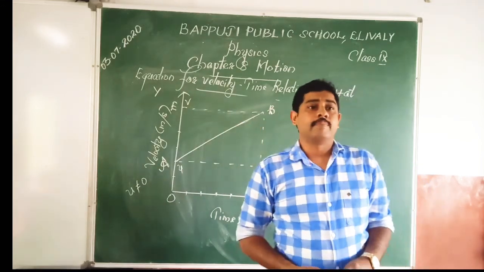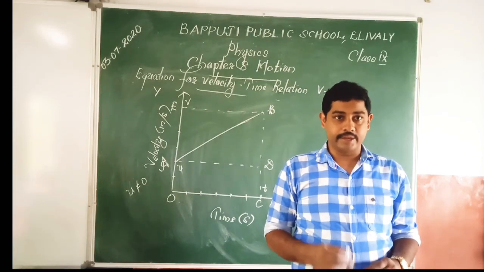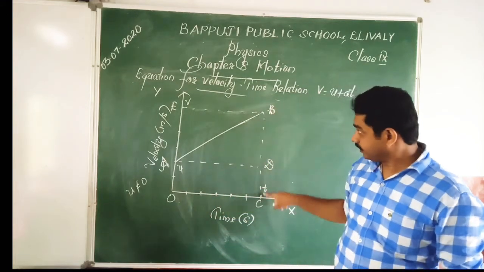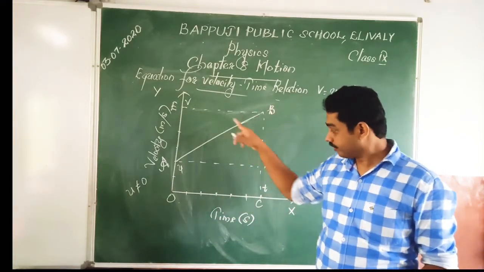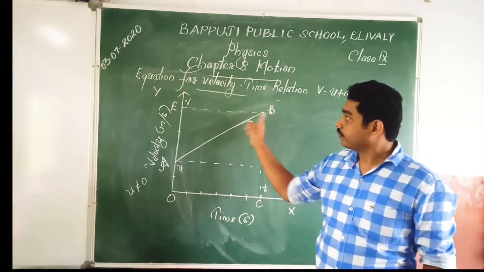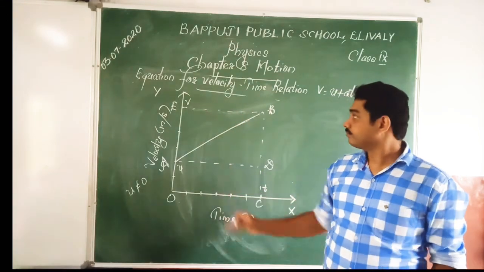Then the perpendicular lines BC and BE are drawn from point B on the time and velocity axis respectively. BC is drawn perpendicular to the x-axis and BE is drawn perpendicular to the y-axis.